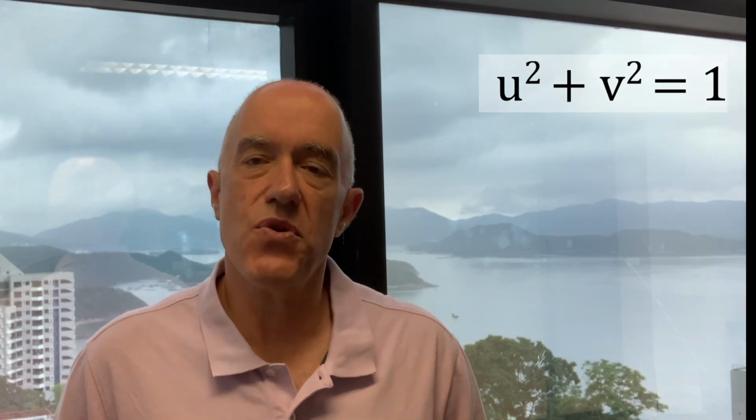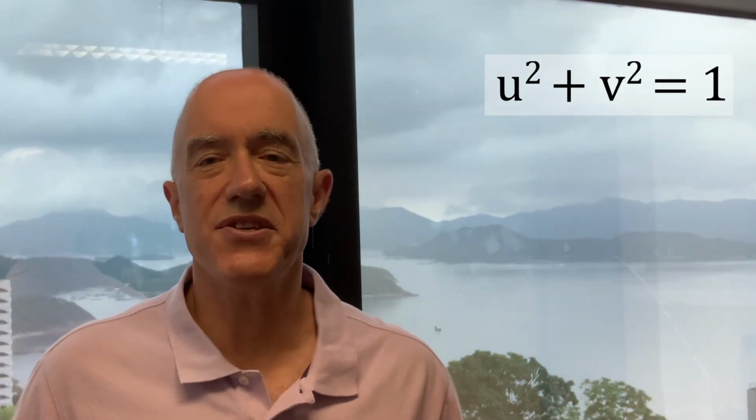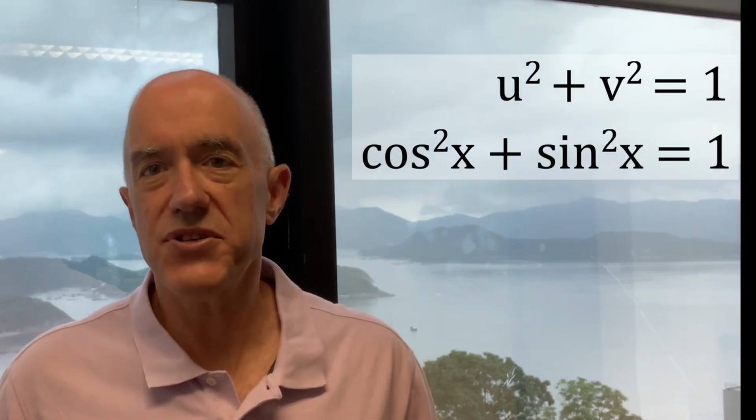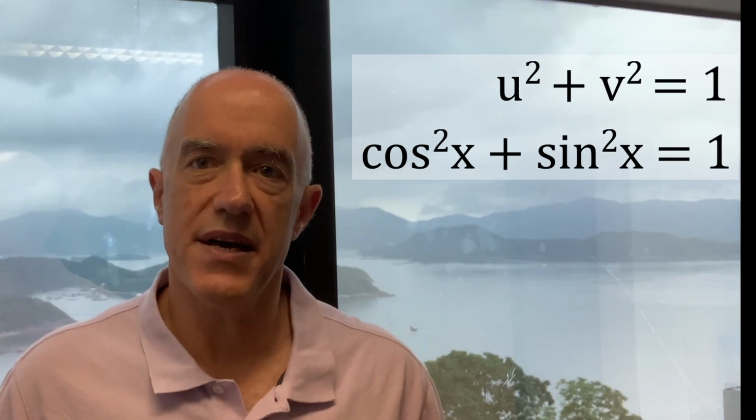So we see that u squared plus v squared is a constant. Since we know that u equals 1 at 0 and v equals 0 at 0, then u squared plus v squared must be equal to 1. This is just the familiar equation cosine squared x plus sine squared x equals 1.